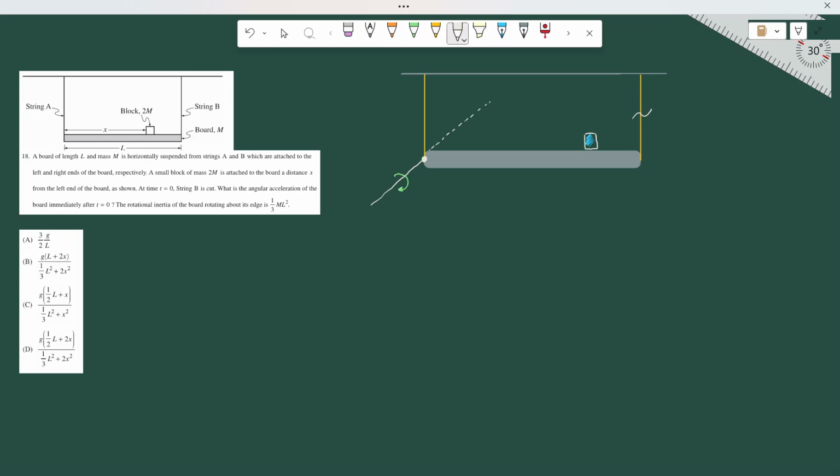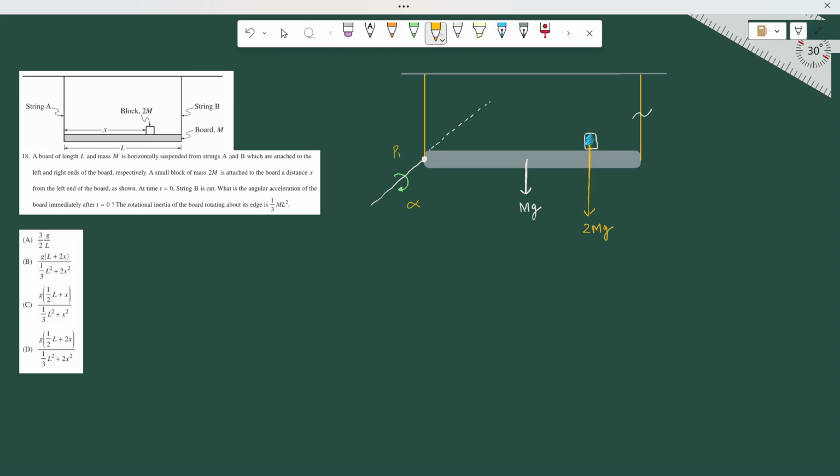Because this board has uniform mass, its weight is exerted from the center, so it should be mg. Whereas the weight of this mass is twice as much, so it is 2mg. These are the two forces responsible for producing the torque, and that torque will produce an angular acceleration in the system.